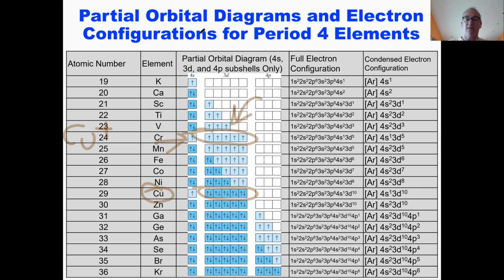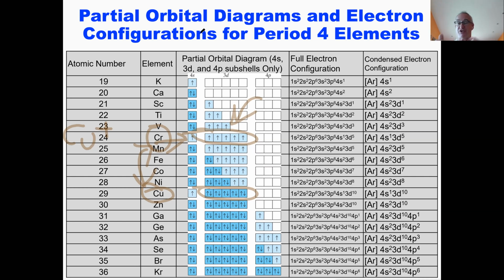So a half-filled orbital is somewhat stable. A completely filled orbital is even more stable. So you can see with chromium and with copper, these elements don't follow the rules that we learned so far.